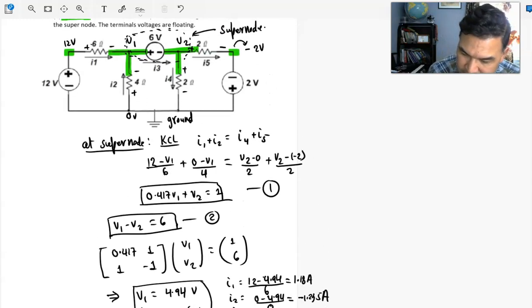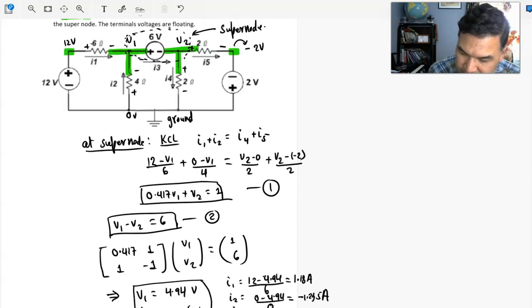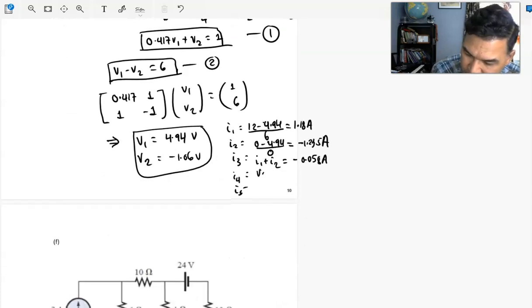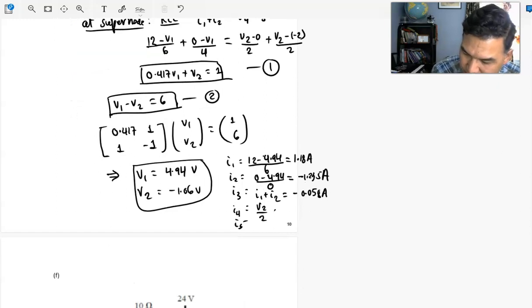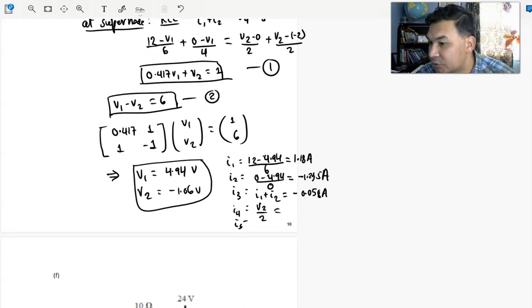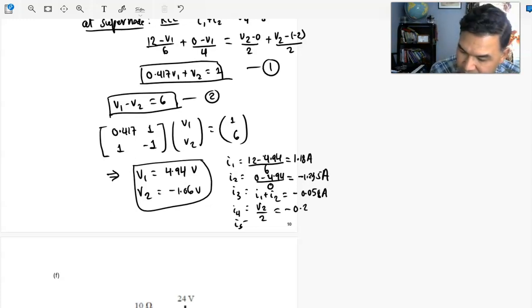I4 is V2 minus 0, so V2 divided by 2 ohms, and that's going to give me negative 0.529 amps, because V2 turns out to be a negative voltage.